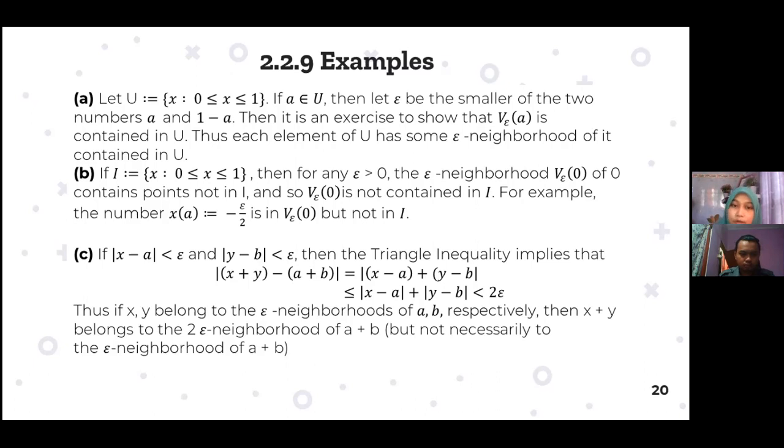We get |x + y − (a + b)| ≤ |x − a| + |y − b| < 2ε. Thus, if x, y belong to the ε-neighborhoods of a, b respectively, then x + y belongs to the 2ε-neighborhood of a + b, but not necessarily to the ε-neighborhood of a + b.